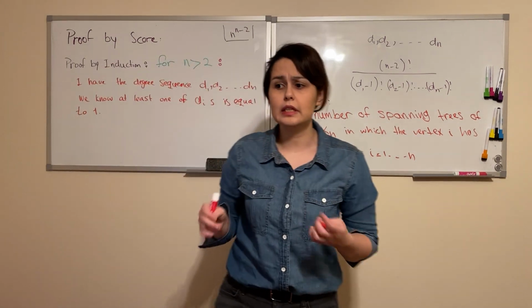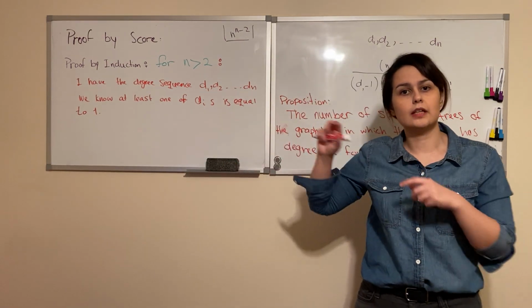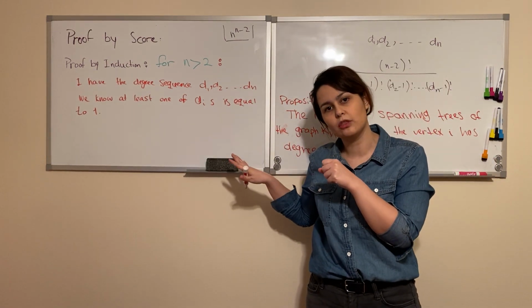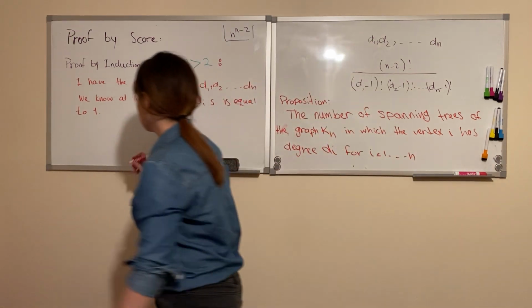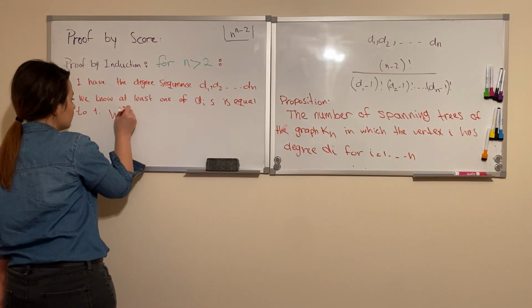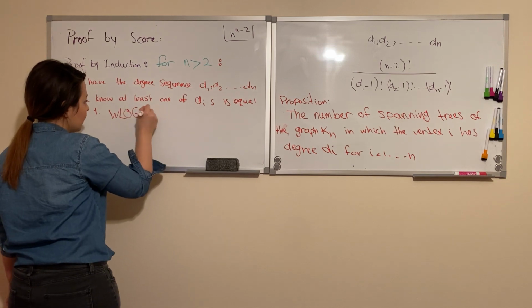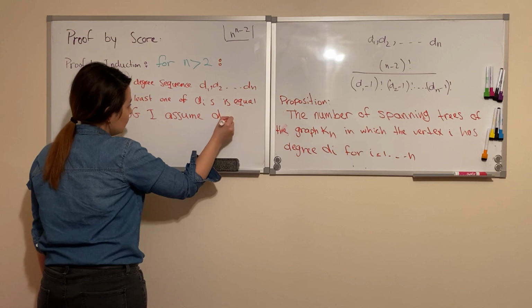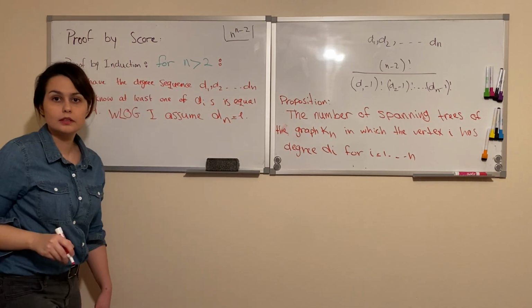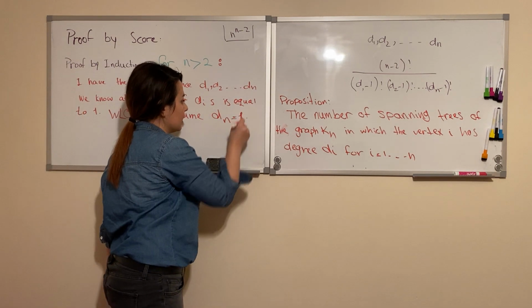Okay, you see, if I have that degree 1, I can say, let's say it is my n node. So what I want to do is, without loss of generality, I assume dn is equal to 1. And let's see what happens next.